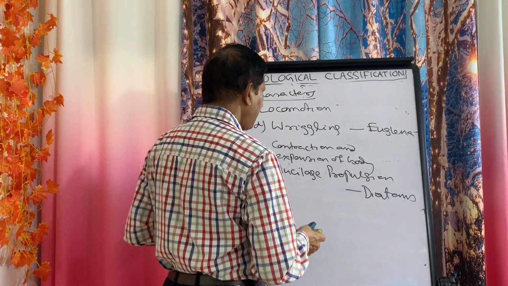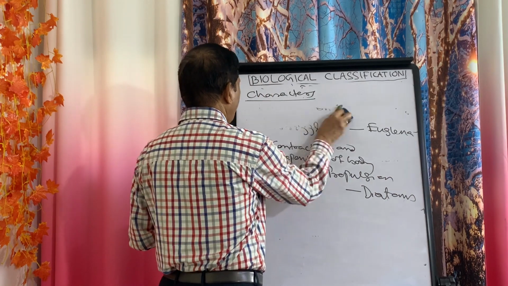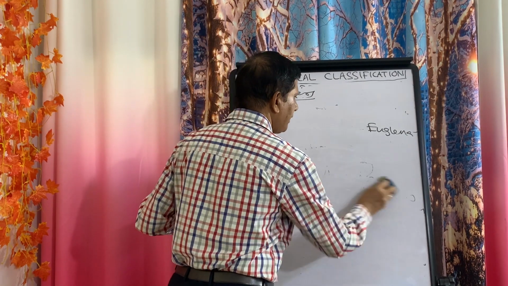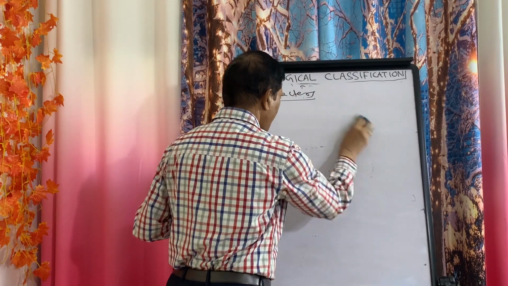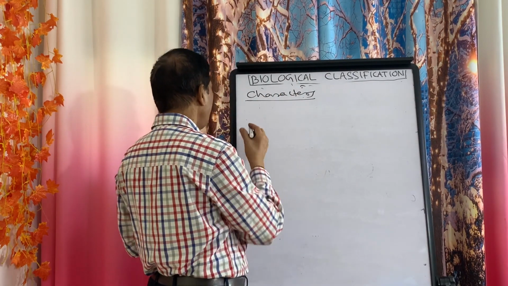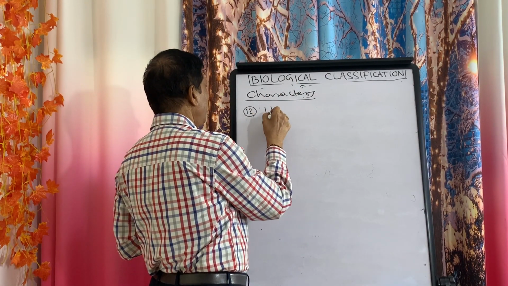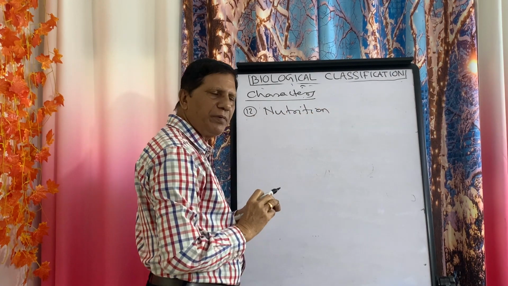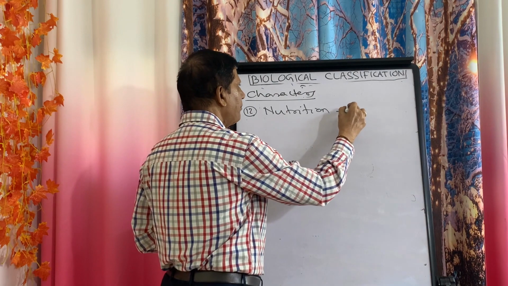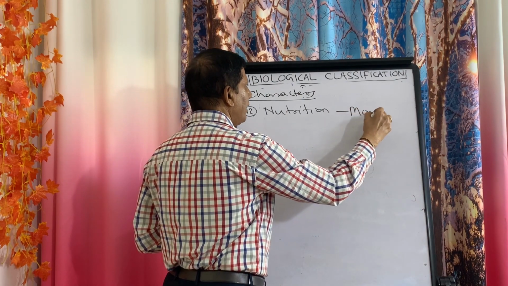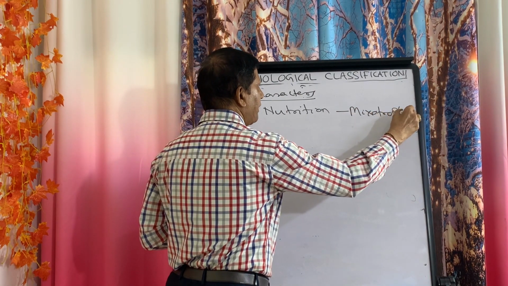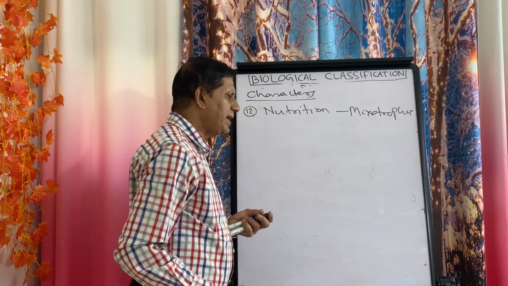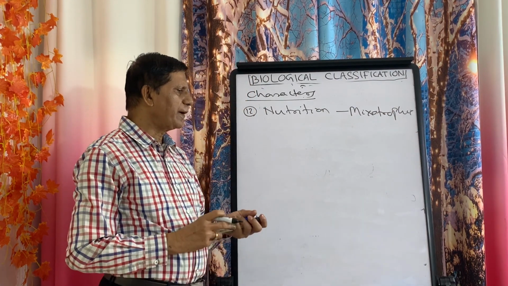Now if we come to the nutrition, another important character is the nutrition. Now from the nutrition point of view, all the protists are mixotrophic. Why are they called mixotrophic?